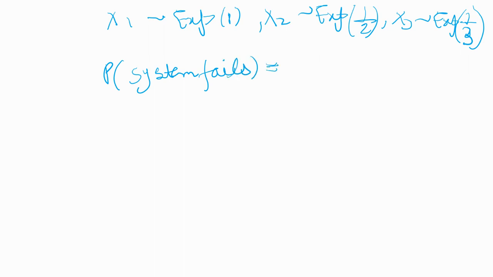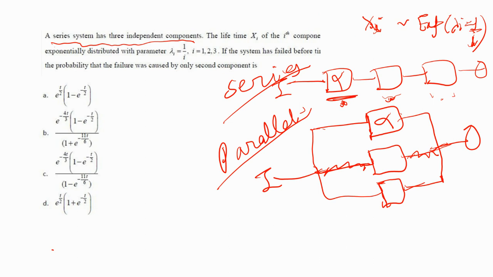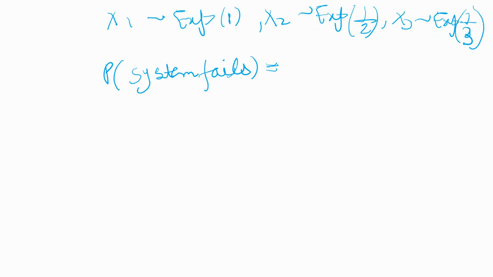Now, since it is in series, if the system fails, that means it can be failed by the first component, second component, or third component. It may happen that first and second, second and third, and at last 1, 2, 3. So what we will do is find 1 minus the probability that no component fails.